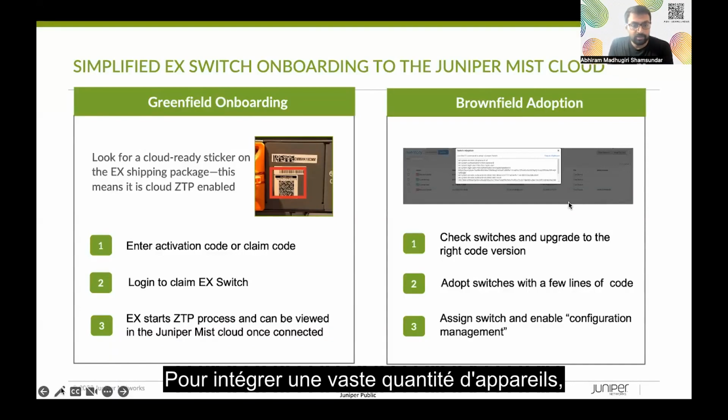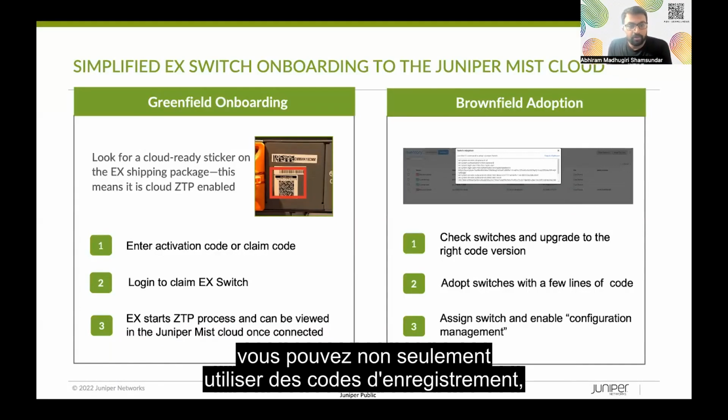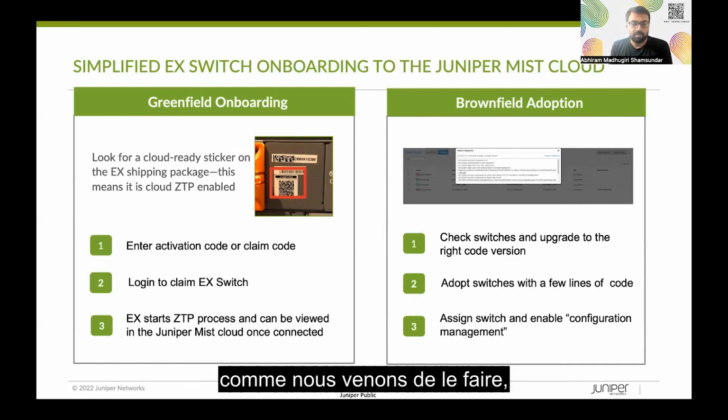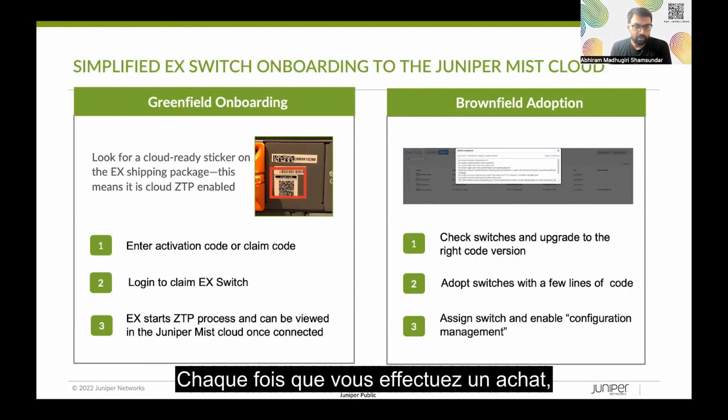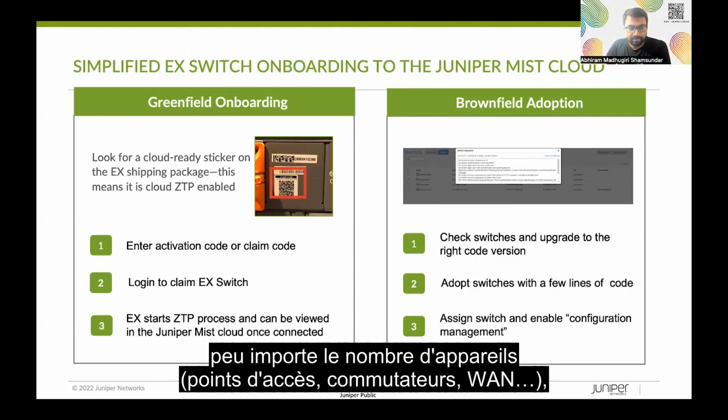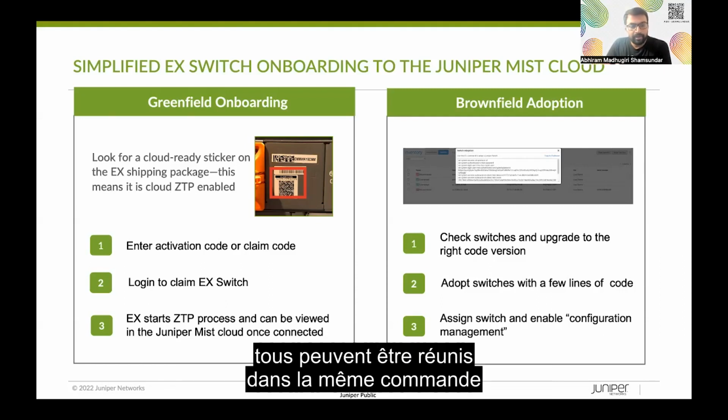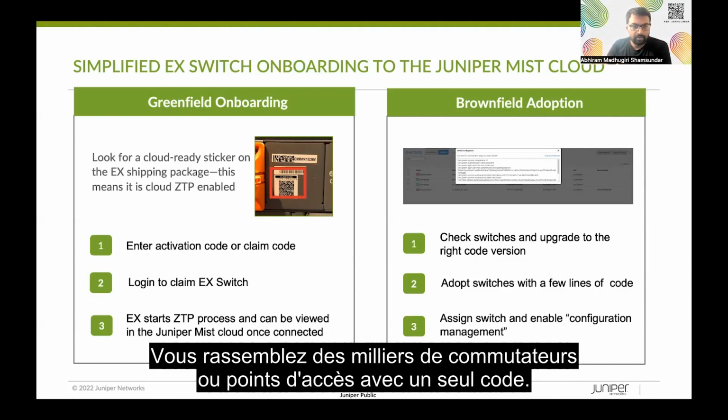When you have a large number of devices to onboard, you have the ability not only to use a claim code, just the way you saw in the previous section, but also to activate them using an activation code. Every time you place a purchase order, regardless of the number of devices, be it APs, switches, or WAN devices, all can be combined into one purchase order and claimed onto the dashboard together, your thousands of switches or thousands of APs in one shot using one activation code.